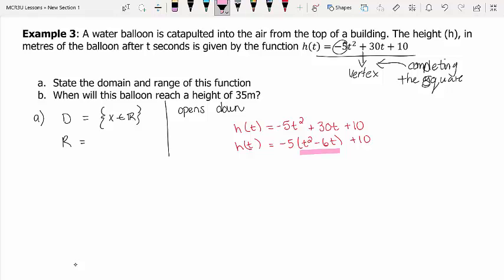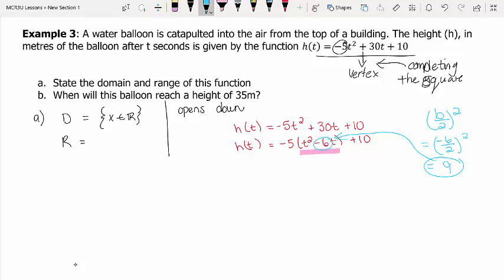So you always take the b value, divide it by 2 and square it. Our b value is negative 6, and negative 6 divided by 2 is negative 3, and then negative 3 squared is 9. So 9 is the number we're going to plug into those brackets.